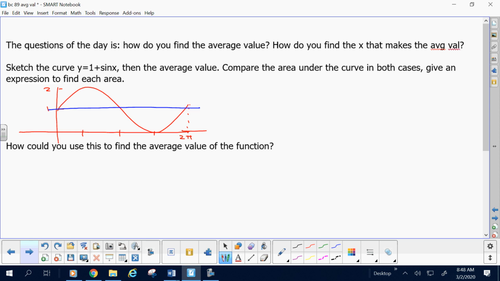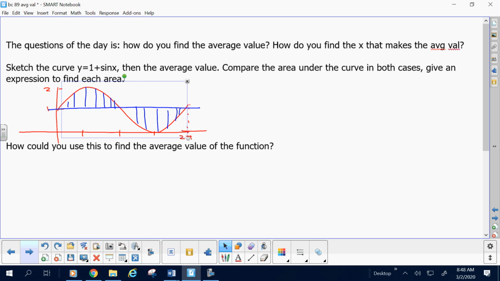Now, compare the area under the curve in both cases. Okay, so we said that what makes an average is that the area above should cancel out the area below, yeah? So if I took this blue area and turned it over and filled it, it should fill that hole, they should be exactly the same, yeah?